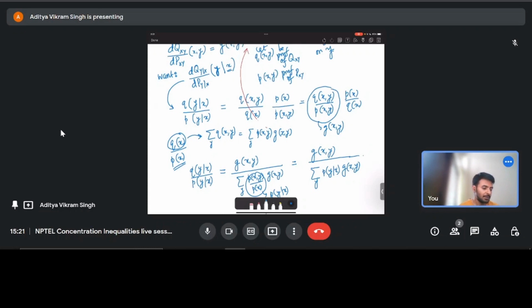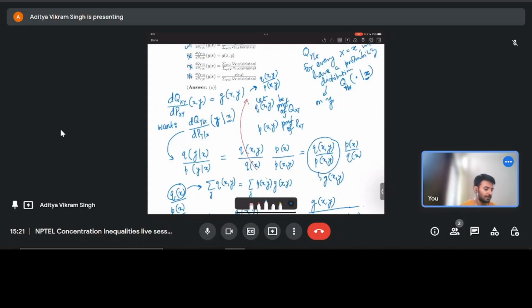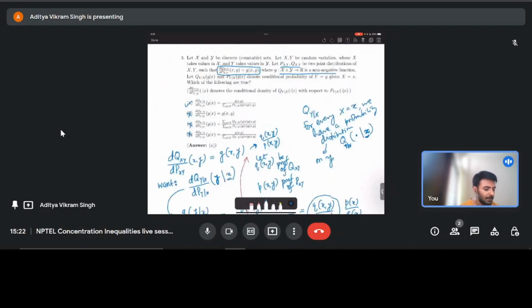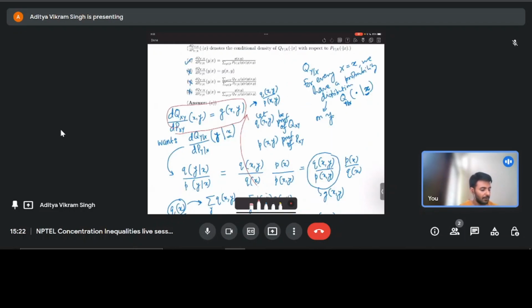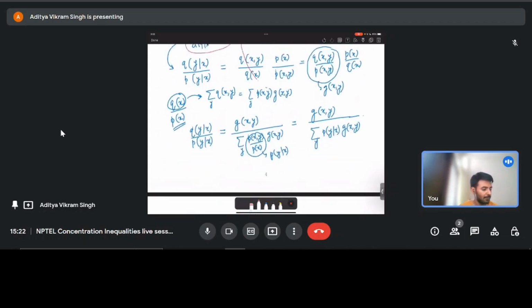Right, so this means option A is correct, and again B, C, D are not correct in general. So let us see what this means. We were given this Radon-Nikodym derivative of the joint distribution function, and we found a Radon-Nikodym derivative for the conditional distribution function, which turned out to be g(x, y) by the expectation of g(x, y).